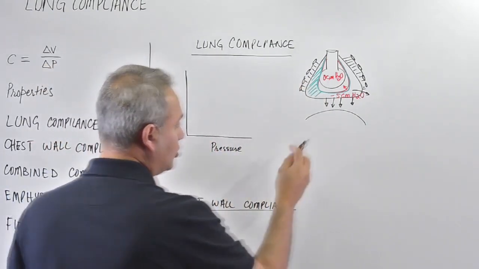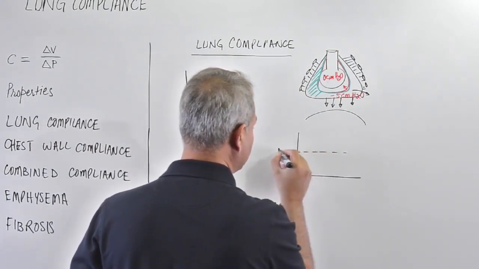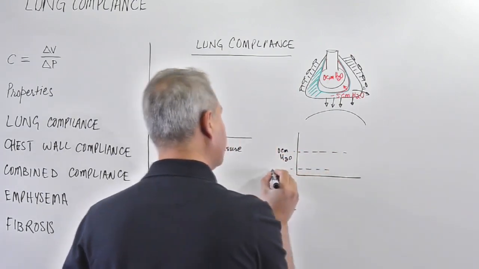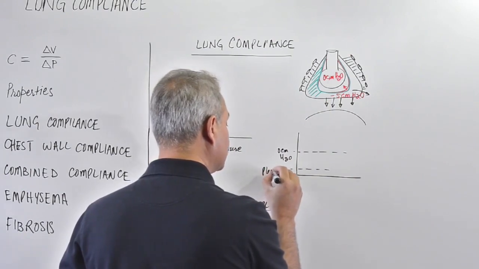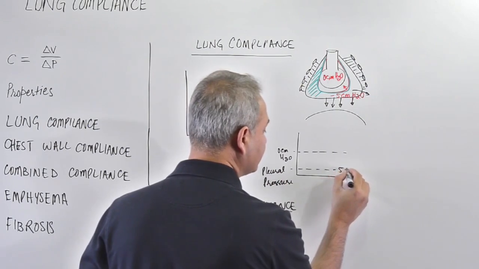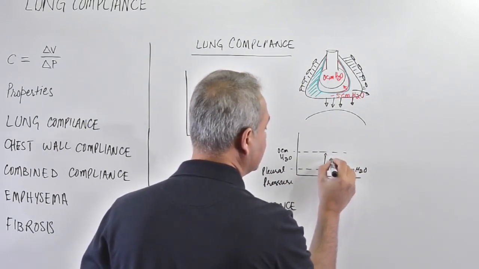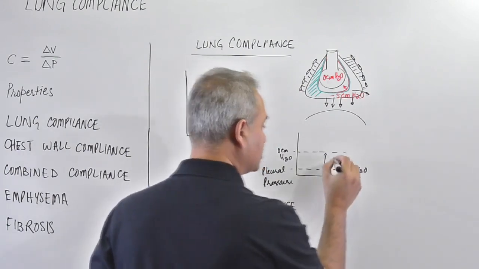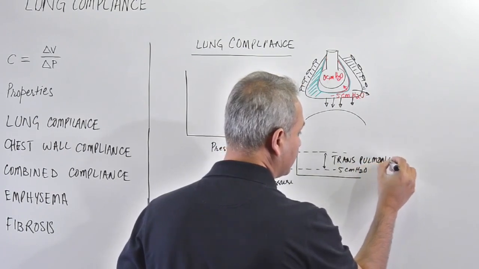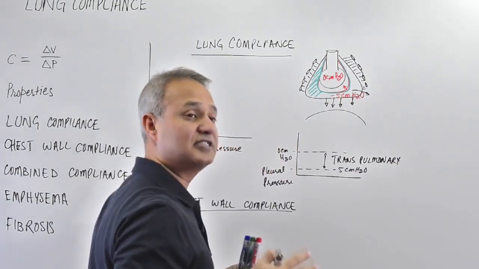down here, what we'll see is normally if the alveolar pressure is at 0 centimeters of water and the pleural pressure is at -5 centimeters of water, then you subtract them, and that is the transpulmonary pressure or transmural pressure.